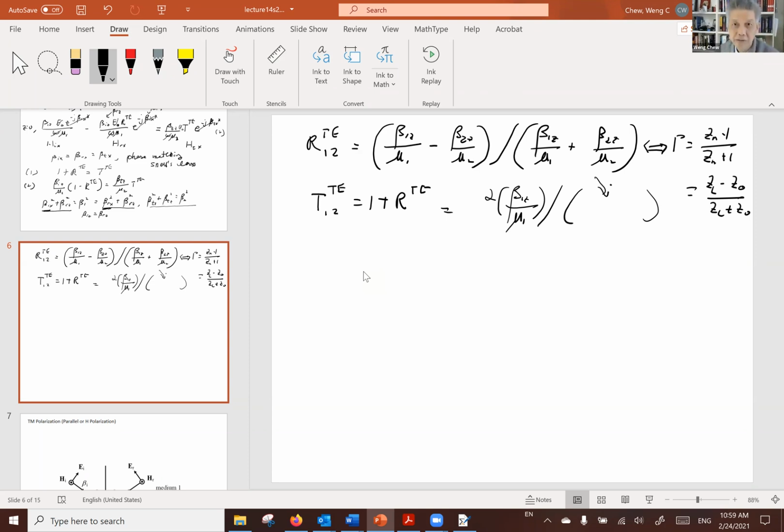Then in order to memorize this coefficient very easily, I would think of the first term as always related to region 1 and the second term as always related to region 2. And you just take the difference of these two numbers divided by the sum of these two numbers. You will get this reflection coefficient and transmission coefficient correctly, and these are known as Fresnel reflection coefficients.